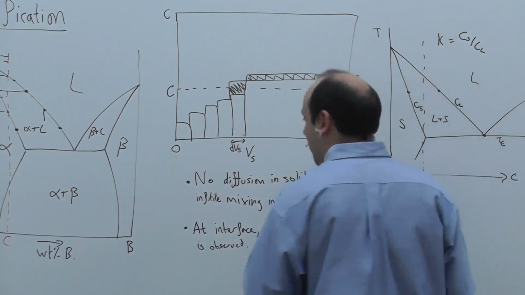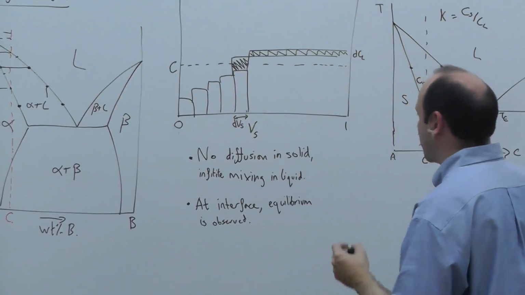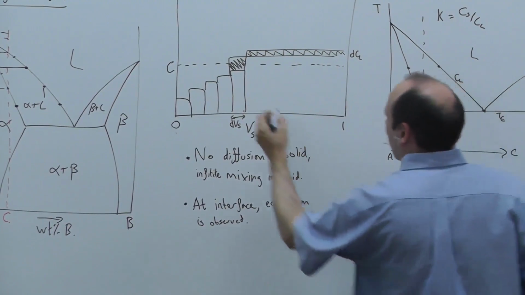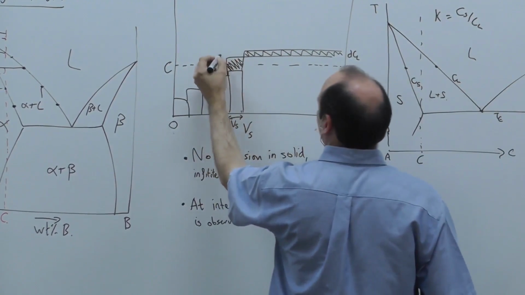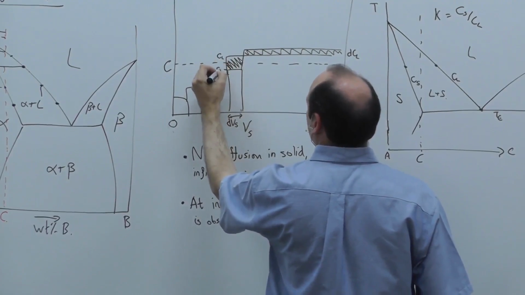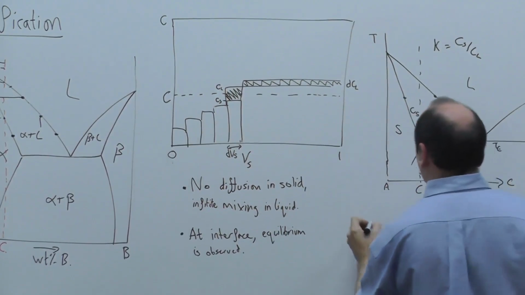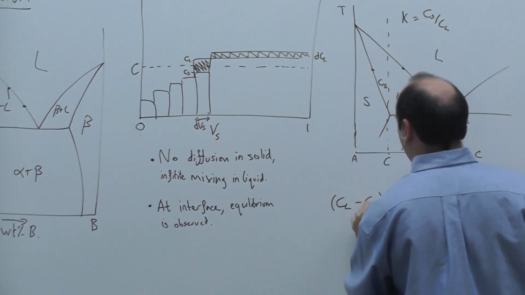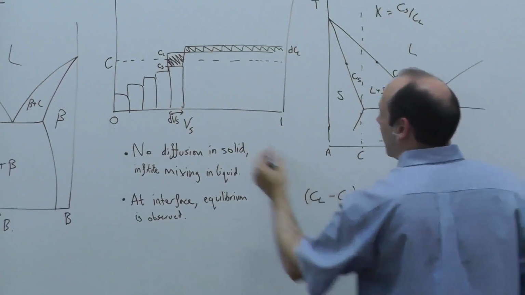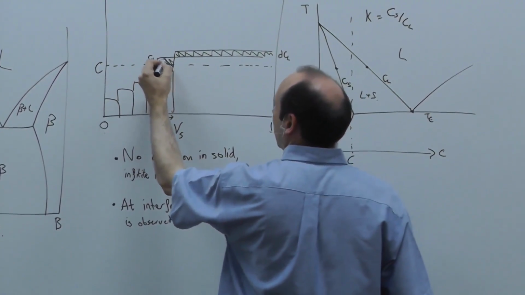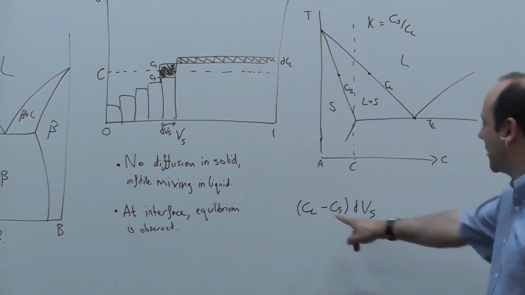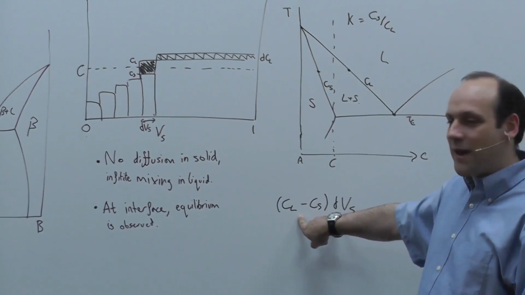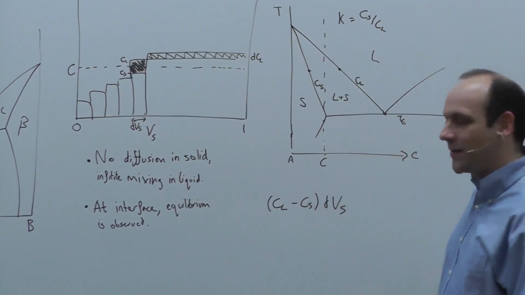And we can therefore write, again as a conservation rule, that this is Cl, that's our volume, that's our composition of our solid at our interface. So the composition of the liquid minus the composition of the solid times dVs, that's this amount here. So that's the amount of solute, of B atoms, we've rejected into the liquid.